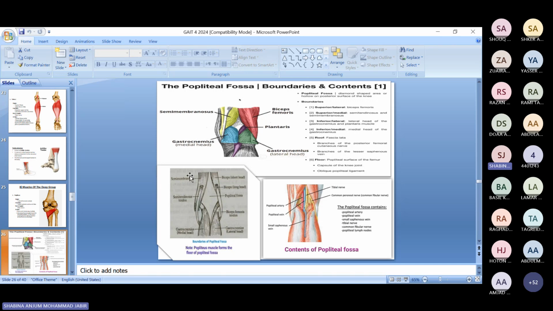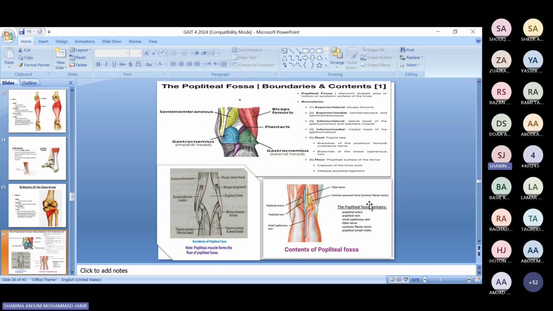Remember? Semimembranosus and semitendinosus. Laterally, what is there? Biceps femoris. So here you can see biceps femoris, semimembranosus and semitendinosus, and on the lower part, the inferolateral and inferomedial, we have the heads of the gastrocnemius.